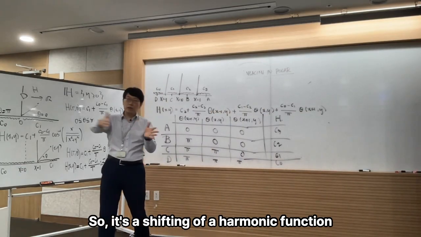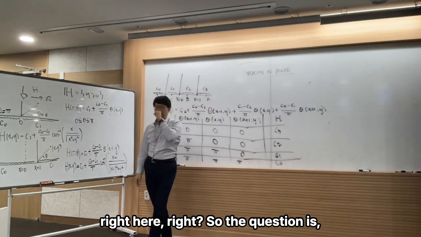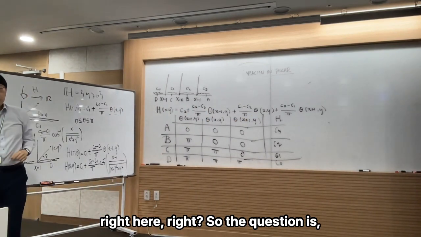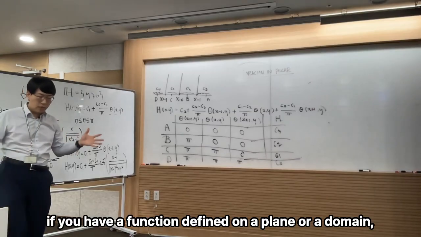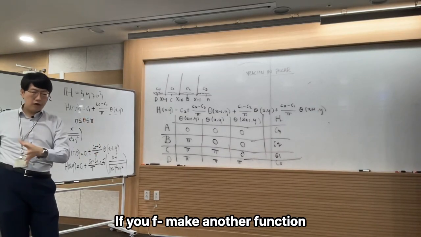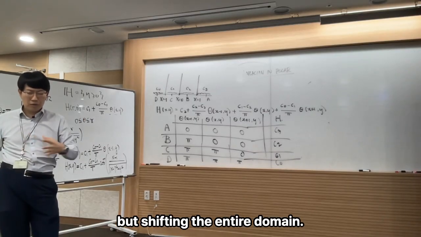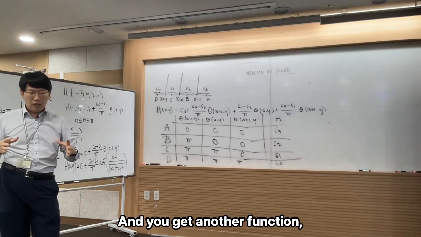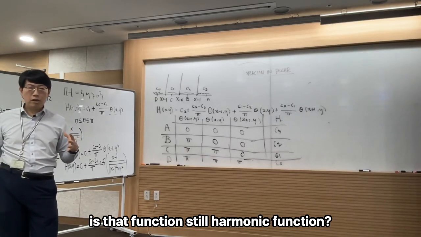So it's a shifting of a harmonic function, right? So the question is, if you have a function defined on a plane or a domain, and you make another function by shifting, not the value of the function, but the entire domain, is that function still a harmonic function?